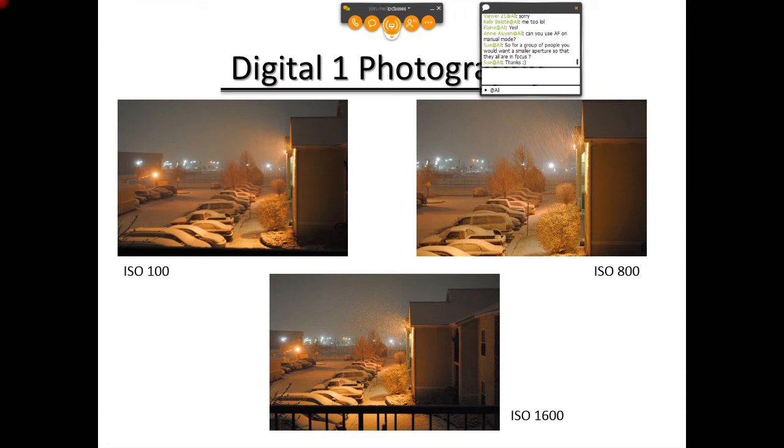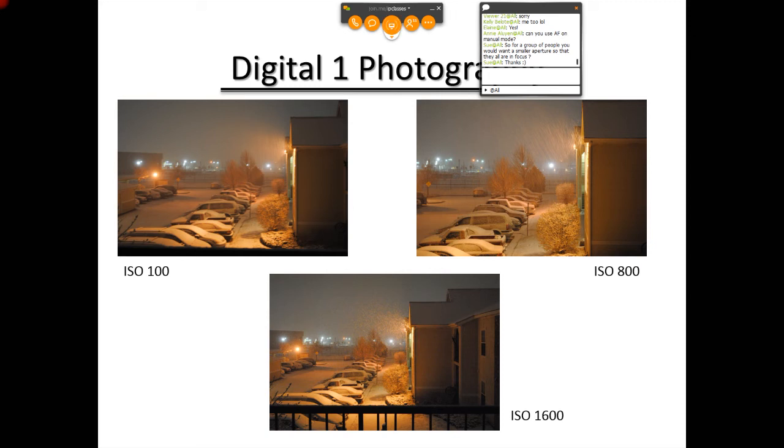And then the last one, I went up one more step to 1600, and you can see in the lights, again, you look at the snow, and I have a lot more detail. Again, I was able to increase my shutter speed by another stop by increasing my ISO by another stop.